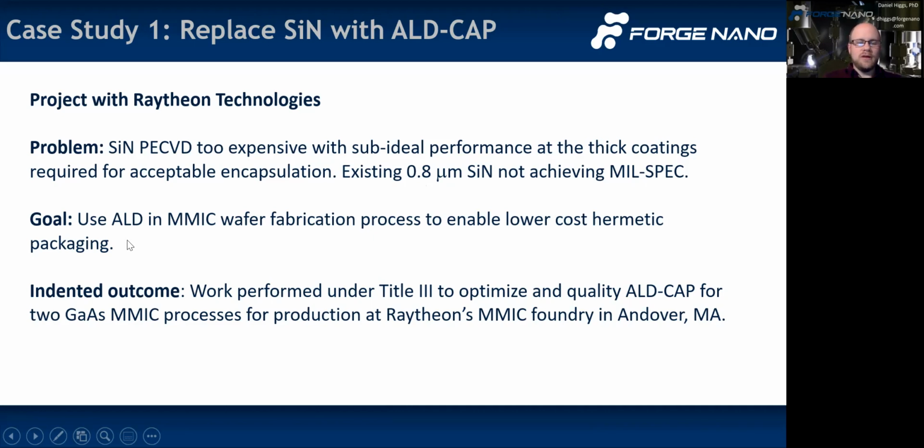So the goal was to use atomic layer deposition, specifically our ALD-CAP technology, in the MMIC wafer fabrication process to enable lower cost hermetic packaging of their devices. So the intended outcome was that we performed work under Title III to optimize and qualify the ALD-CAP for two of the gallium arsenide processes for production at Raytheon's facility in Andover. So let's take a look at what happened.